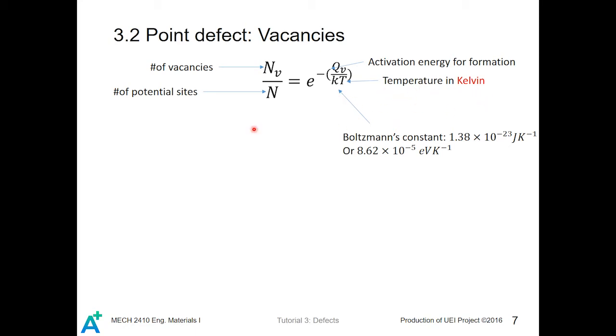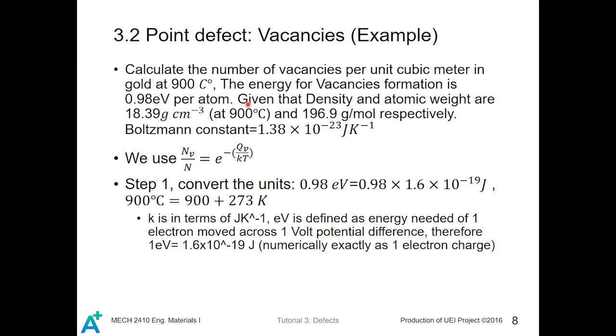Here's an example. Calculate the number of vacancies per cubic meter in gold at 900 degrees Celsius. The energy for vacancy formation is 0.98 eV per atom.